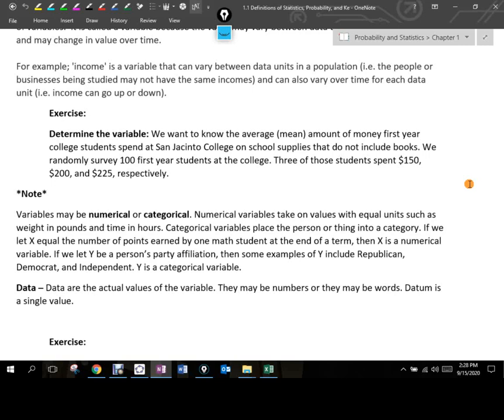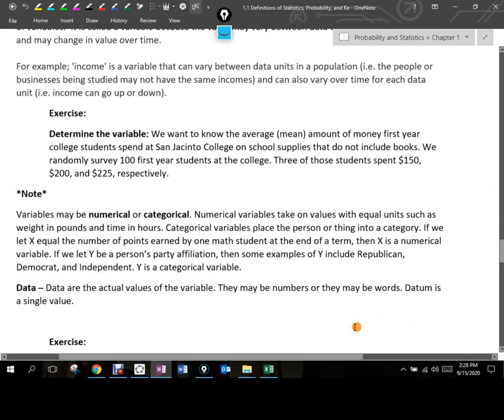So you might be an engineer and make $90,000 a year. You might be a social worker and make $25,000 a year. Depending on what your degree is, that can change the variable we're trying to study, your income level. Does that make sense? Okay.